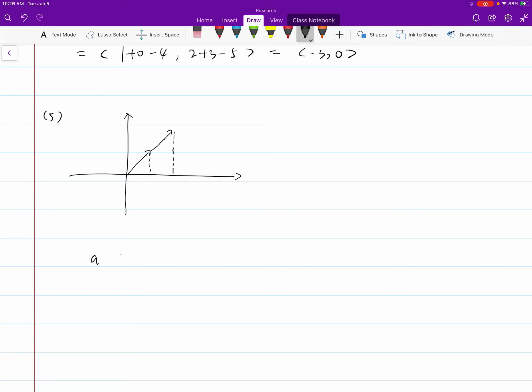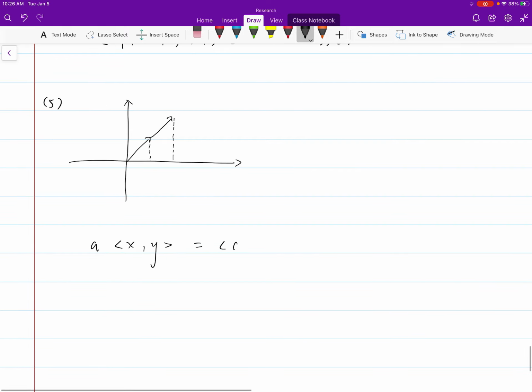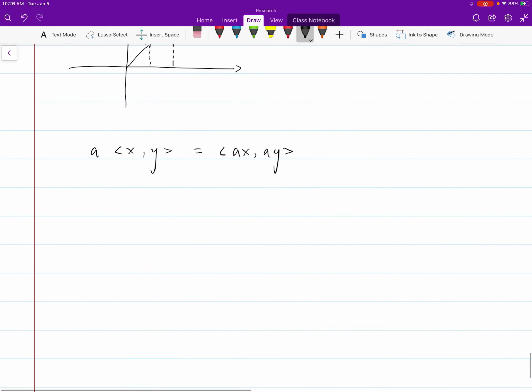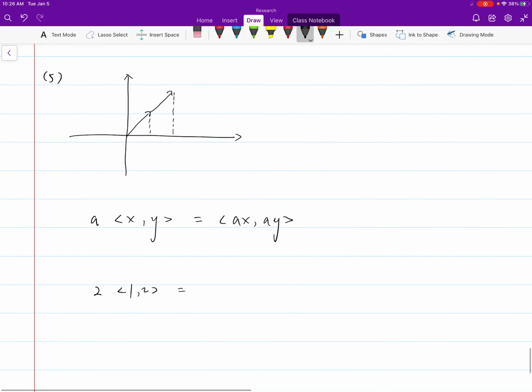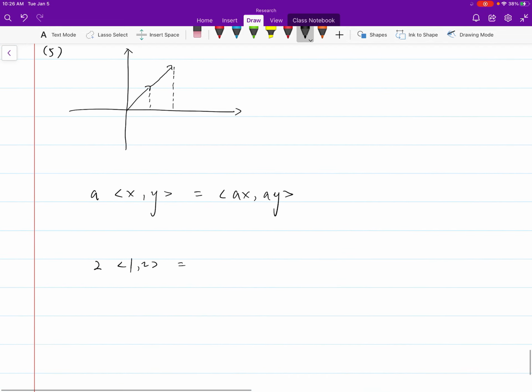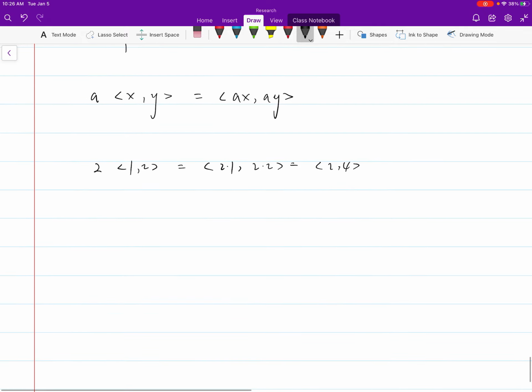So if you have a number times a vector, you simply use the number to times the horizontal and use the number to times the vertical. So for example, if you want to do 2 times (1, 2), which will double the size of (1, 2), according to what we draw here, you simply double 1 horizontally, and then you double 2, which gives you (2, 4).